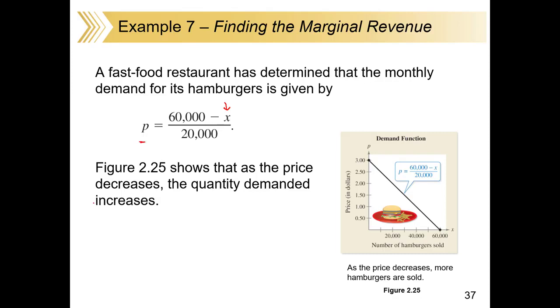But it's still called the demand function because the demand is there in the equation. Notice on the graph that as the number of hamburgers sold goes up, the price that we can sell them for goes down.